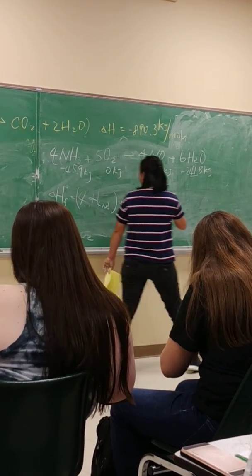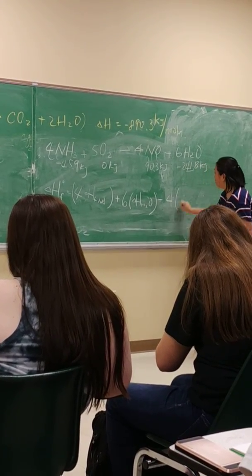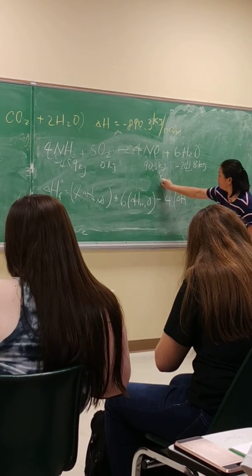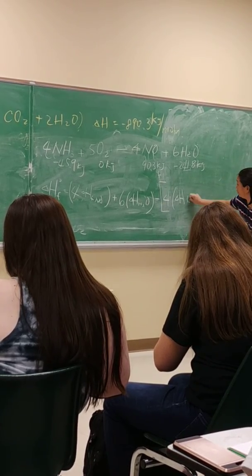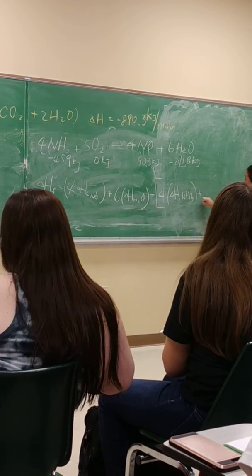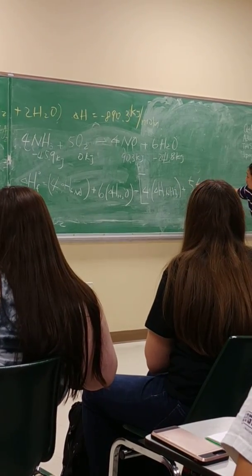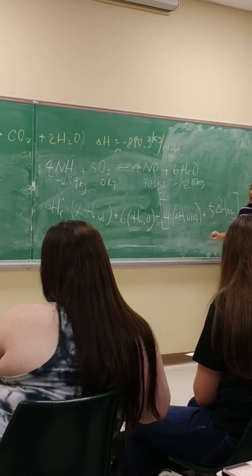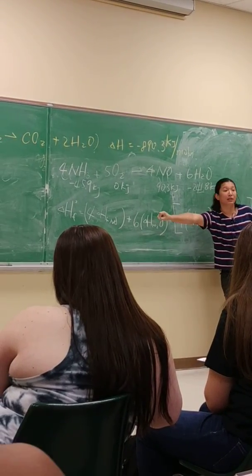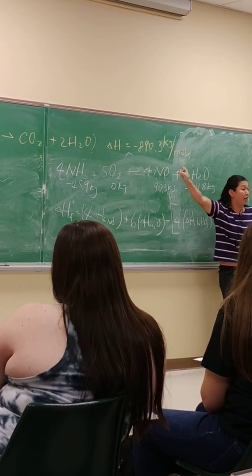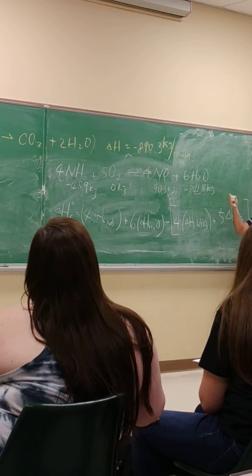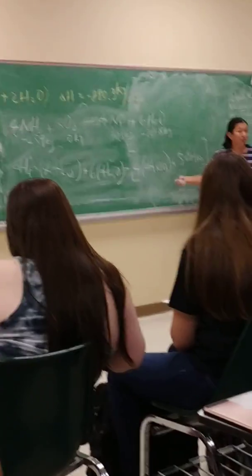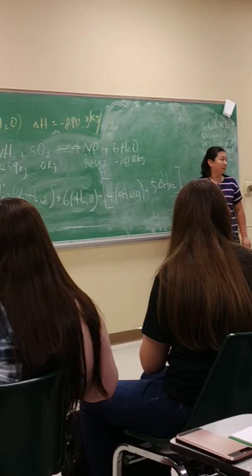Good. Minus 4 of the delta H of NH3, right? 5 of the delta H of O2 in one bracket, okay? Then you should have the standard enthalpy of this reaction. Do this at home. Give it to me on Friday.